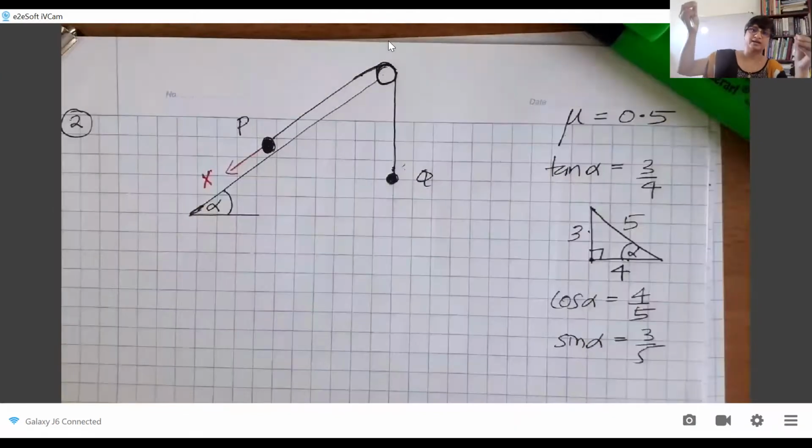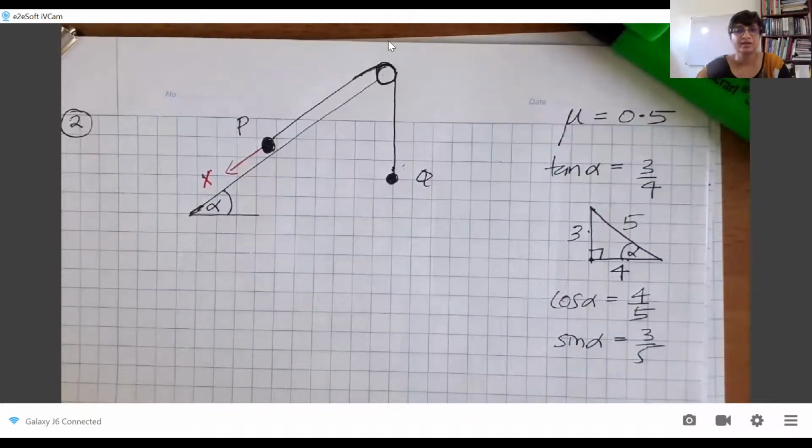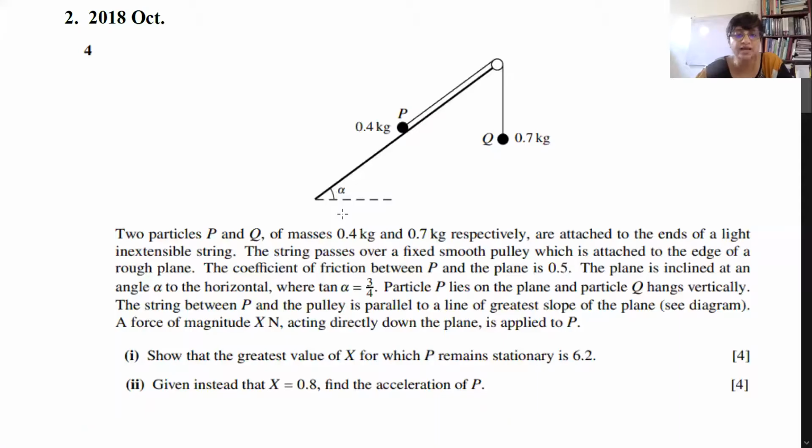P is going to come down, Q is going to go up. Let's see what they're asking. In part 1, show that the greatest value of X for which P remains stationary is 6.2. They're asking the greatest value of X for which P remains stationary.